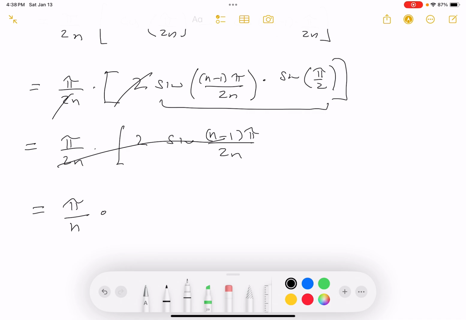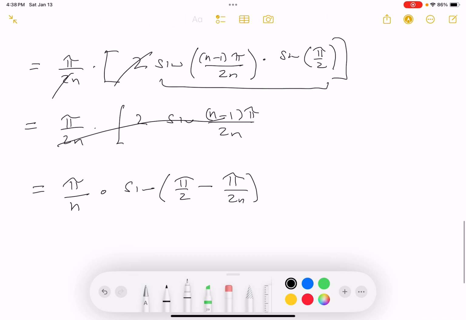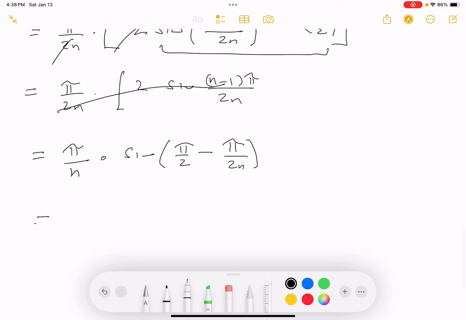I'm seeing this over here, and I'll write this as sine (pi over 2 minus pi over 2n). Wow, will this ever end? Well, I can do a cofunction identity now, can't I? So pi over n times the cosine, and that's going to be what? Cofunction identity over here. Is that going to be minus pi over, no, pi over 2n.